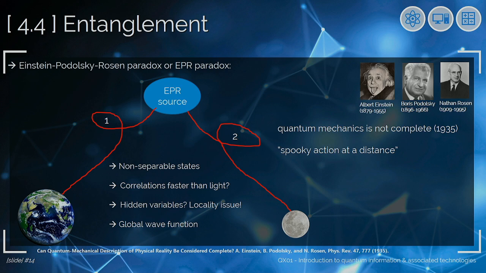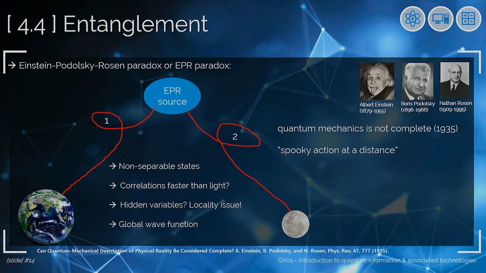What they found in this article is that quantum mechanics, as we will come back to, can be explained. Any system can be defined in quantum mechanics by a wave function. But what they found is that if you use two systems, you could find a wave function of the two systems that would be entangled.